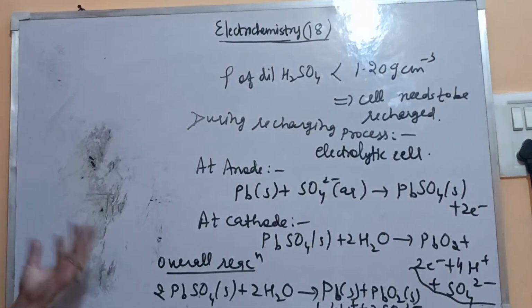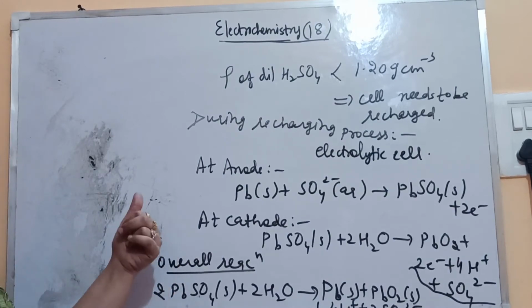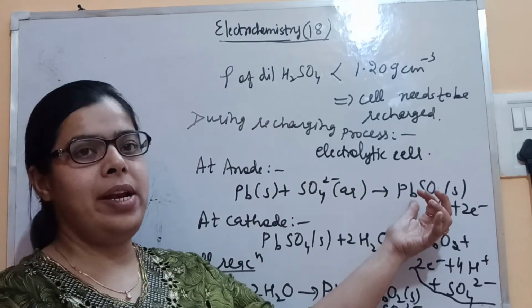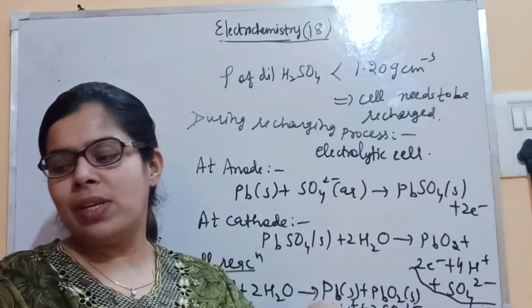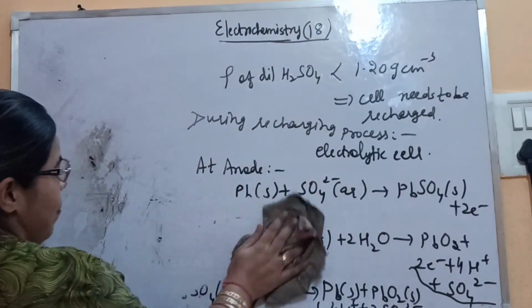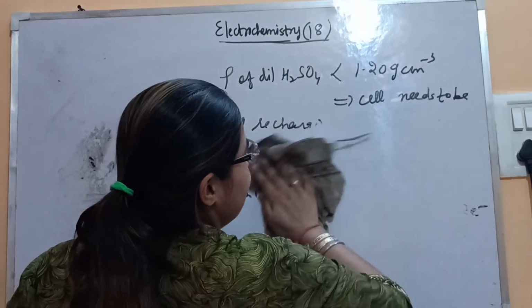And now how is this process of recharging possible? Here the lead and the lead dioxide which we are using, or the product which is formed from it, is solid. So it sticks to the surface of the electrode and then allows the process to go smoothly.